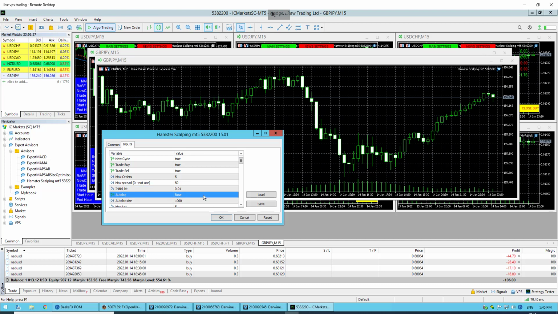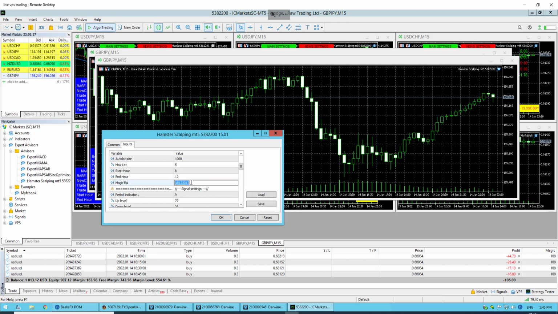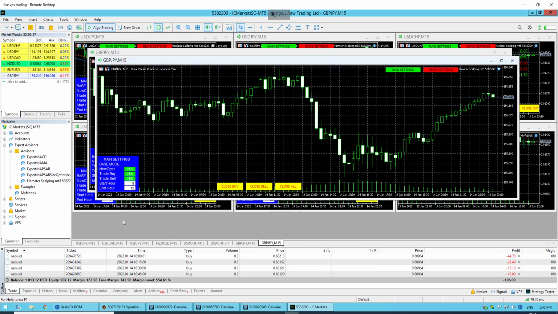False, double click, false. Change the magic number. So it's 210. Just make sure it's unique and different. Every chart needs to have a different one, otherwise it's very difficult for you to identify which one is doing what. So that's that one.